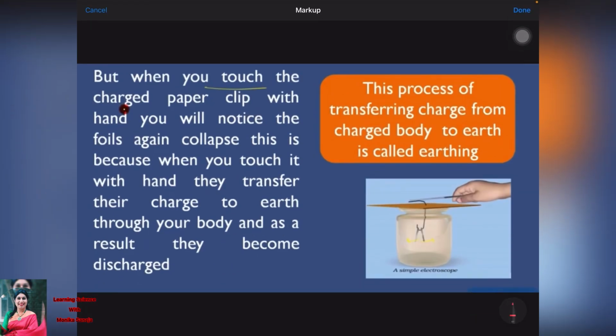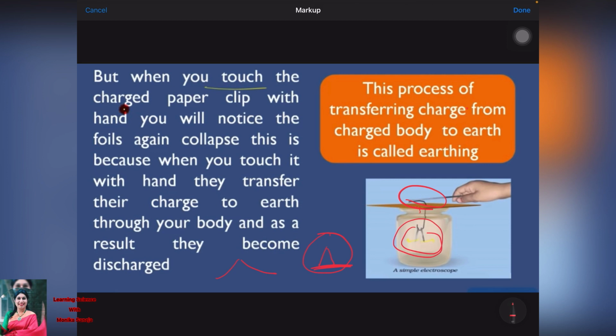Now what you have to do, you have to touch the charged paper clip with your hand. You have to touch that paper clip with your hand. You will notice that the foil will again come to its original position like this. They will not be repelled now, they will come again to their original position. Why?